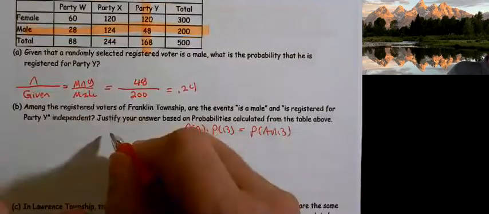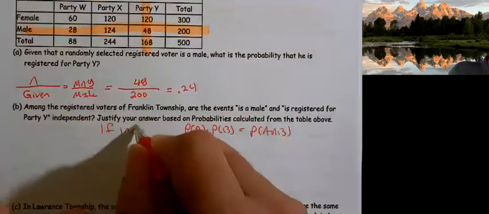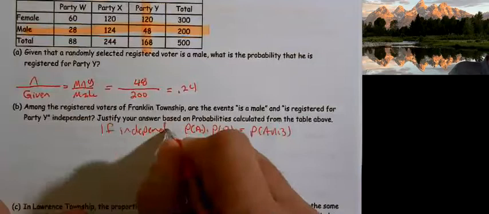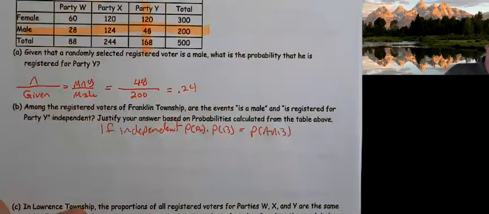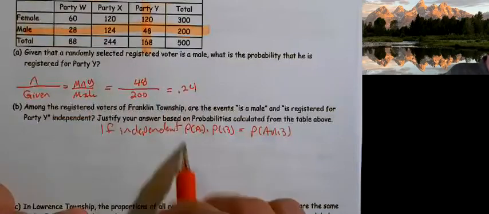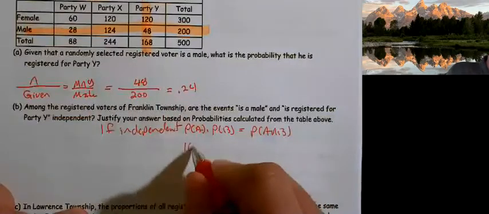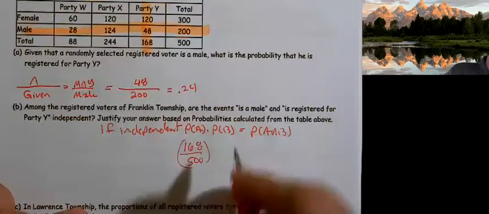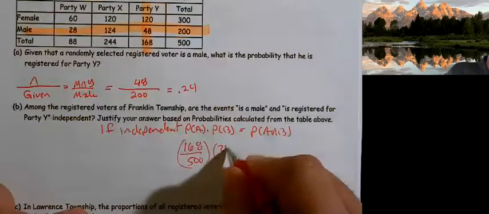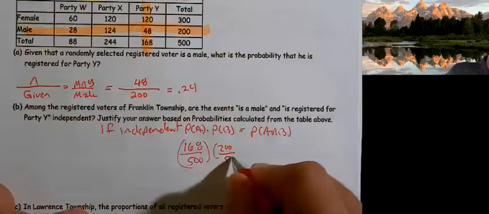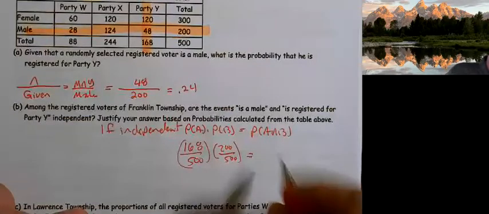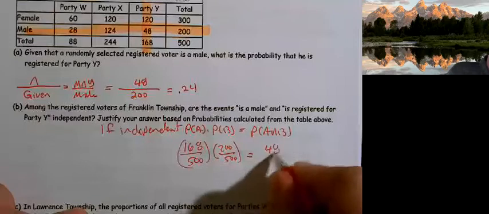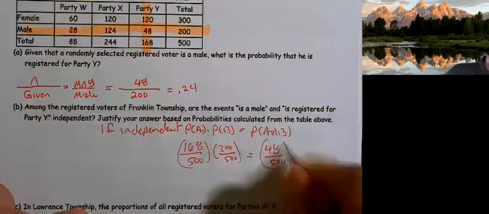And since I have room, I'm going to write if independent. All right. Well, probability of A would be 168 over 500. Probability of B is 200 over 500. And then this should equal 48 over 500 if independent.